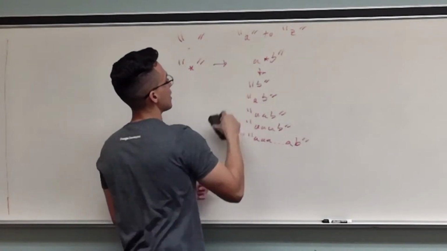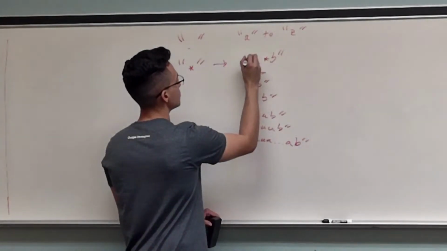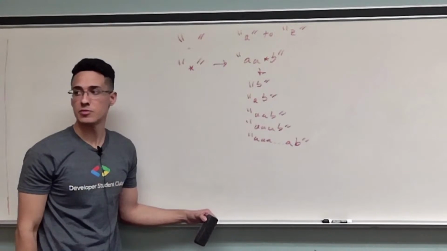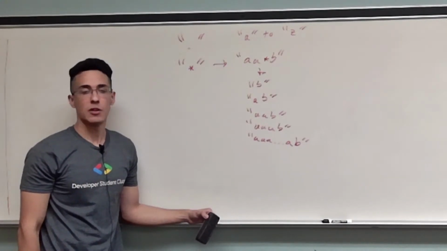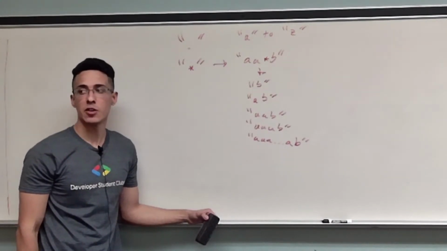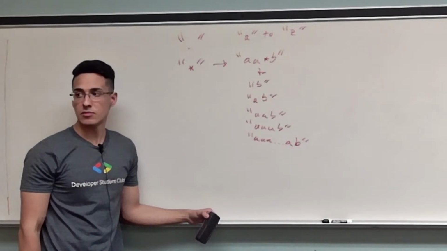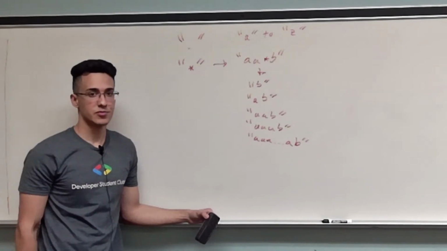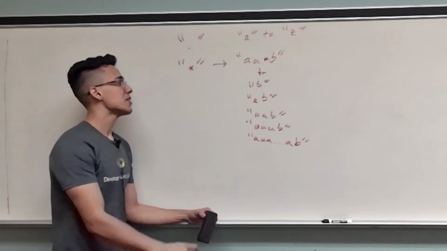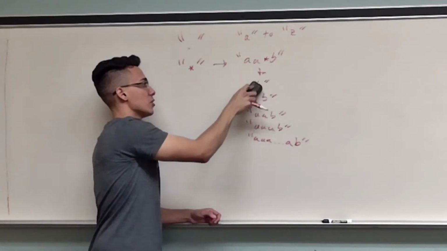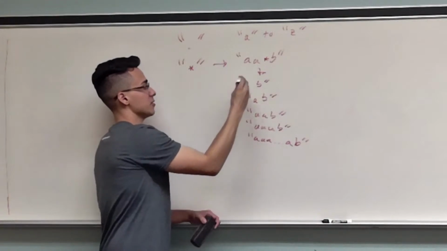And let's say I put another A. What is that going to do? If I put an A behind the other A, what's it going to do? Since there's no asterisk in front of this A, you have to put it at the beginning.